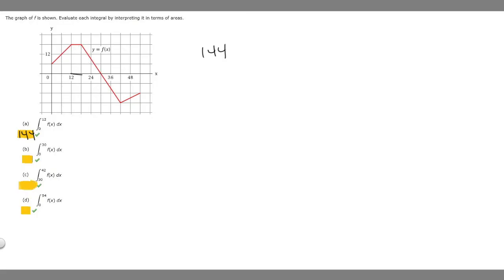So we can split it into a rectangle here and then a triangle here. For the rectangle, we just do length times width, so 6 times 18, which is 108. Then we've got to find the area of this triangle, which is 1/2 base times height.